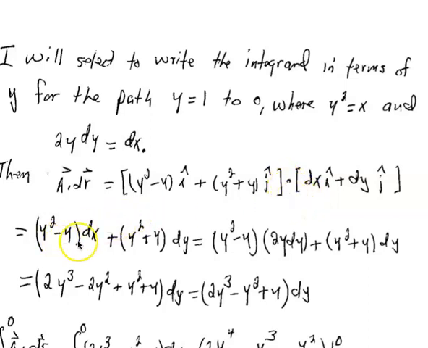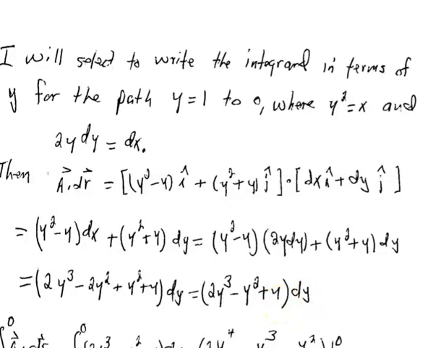I set it up right here, and that's the standard dot product there. Then we come on. I substitute now for dx. And here I've already substituted for x. Substitute for dx, which is 2y dy, and dy stays there. Now I'm able to factor out dy with everything having been transferred to be in terms of the y variable instead of the x variable.